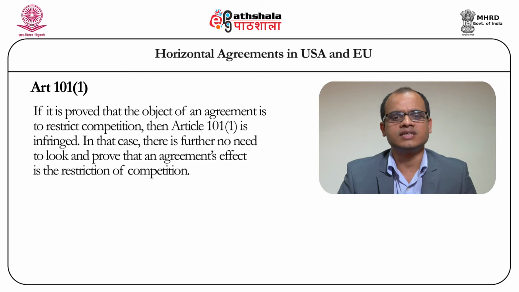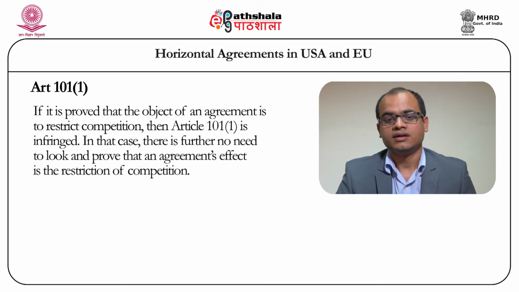So what is the standard of analysis basically? There are two steps. The first step under Article 101 Clause 1 is to assess whether an agreement between undertakings is capable of affecting trade between member states, has an anti-competitive object, or actual or potential restrictive effects on competition.